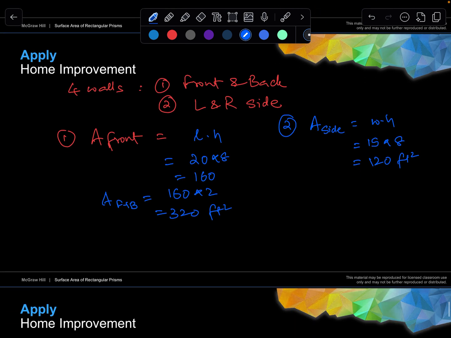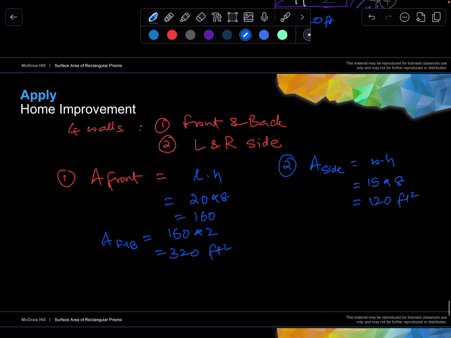Now, keep in mind what we are looking at. The one thing that I forgot in this step is area of left plus right is going to be 120 times 2, which is 240 square feet.